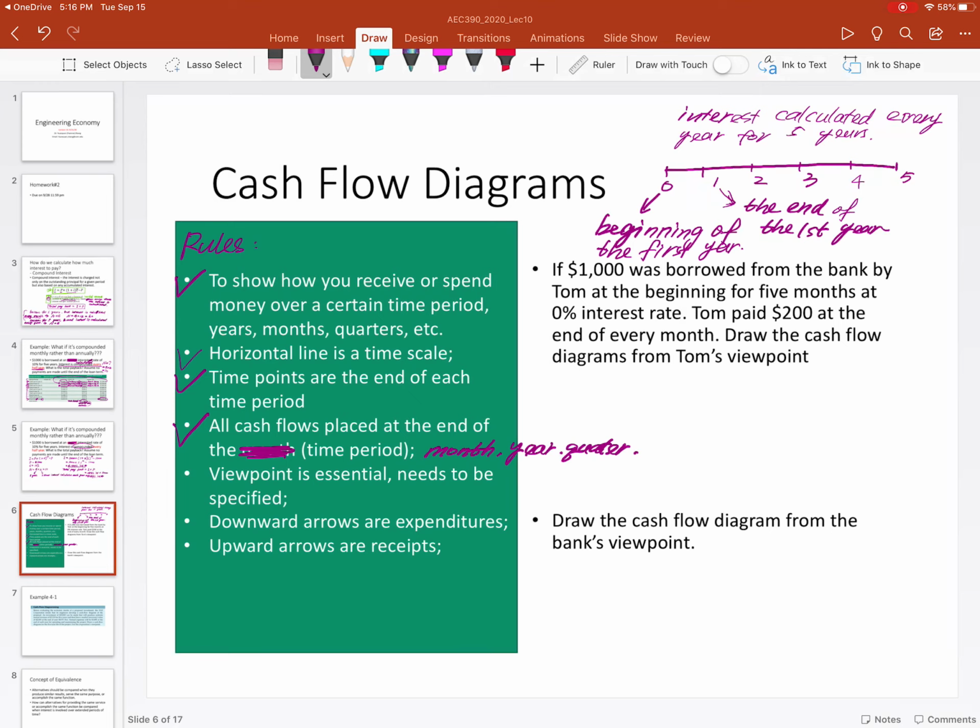Okay, but so the 0, 1, 2, 3, 4, 5, the numbers could be the end of the first year or the end of the first month or the end of the first quarter. Okay, it depends on how the interest is calculated. Make sense? But all the cash flows will be placed at the end of each time period, which means your cash flows will be put on the time spot.